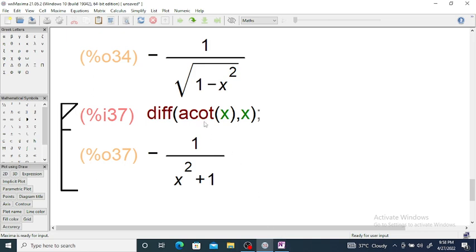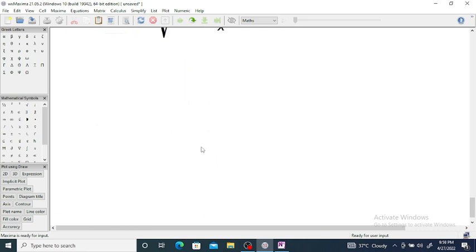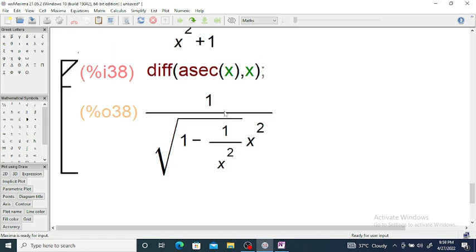Similarly, if you want to determine the derivative of asec of x, independent variable x, then you can check it is equal to 1 divided by square root of 1 minus 1 by x square, and outside the bracket it is x square.